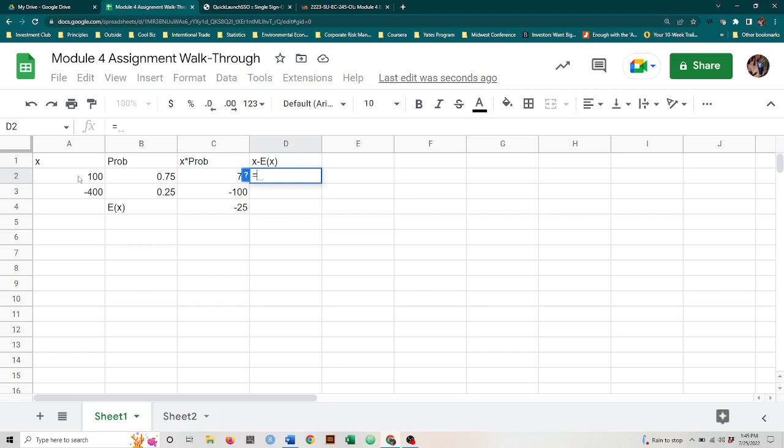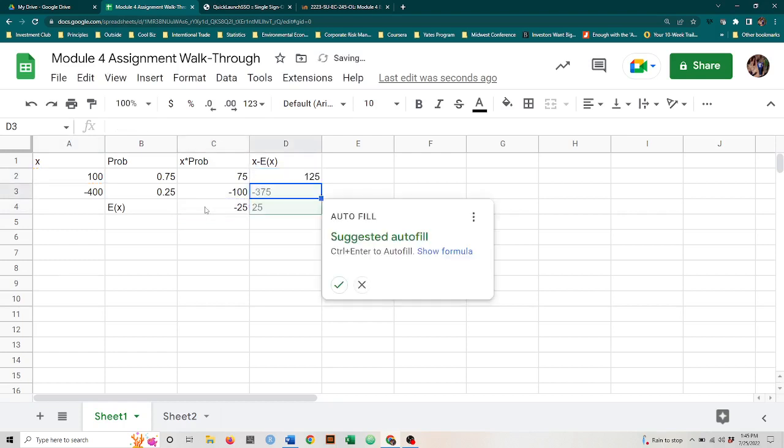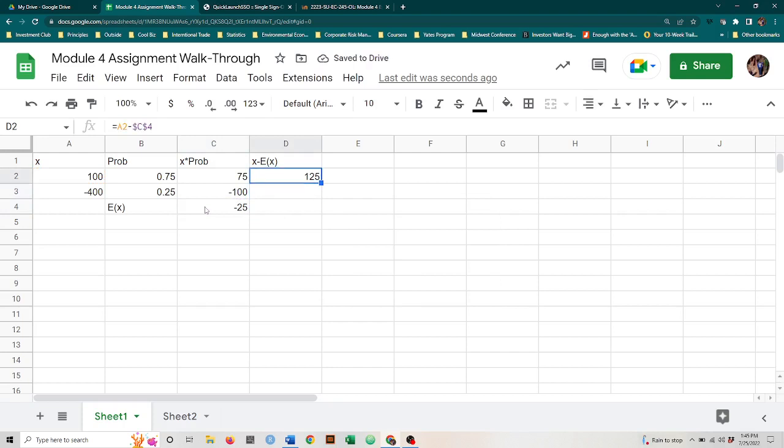We'll take this minus this, and remember we'll have to fix this in this case because we're subtracting off the expected value each time, and that expected value remains the same. So we'll just take those deviations here. Don't necessarily want to autofill, but I do want to copy. I'll just paste it here. We're just taking those deviations around the mean that we've got.